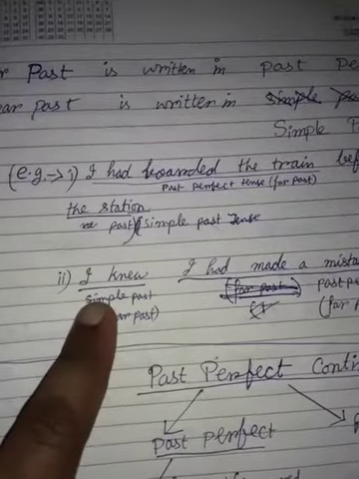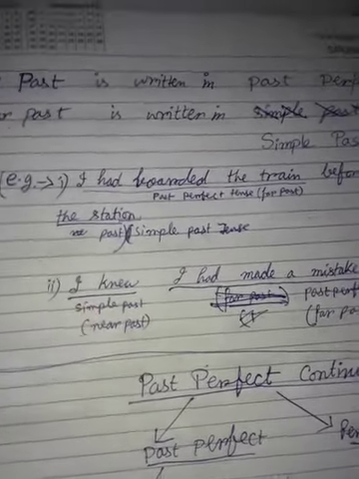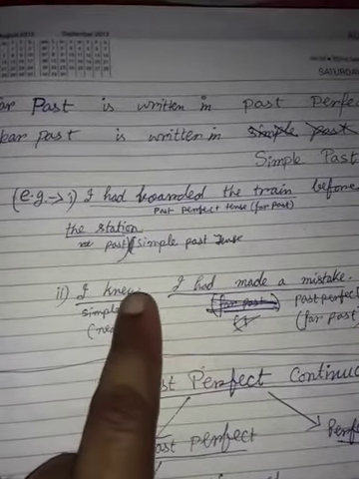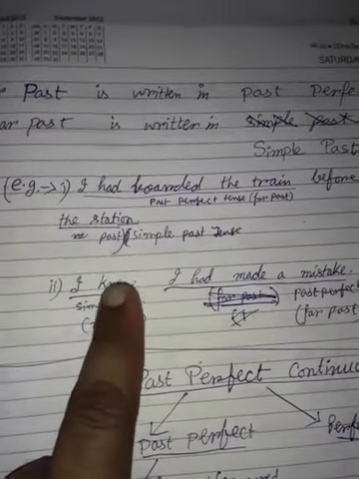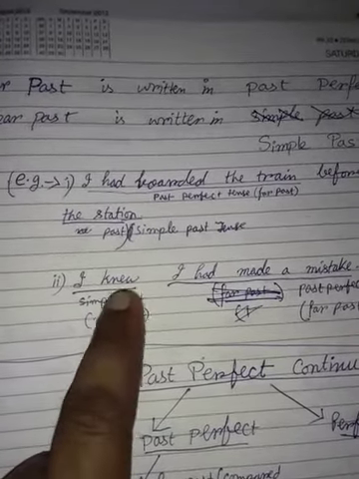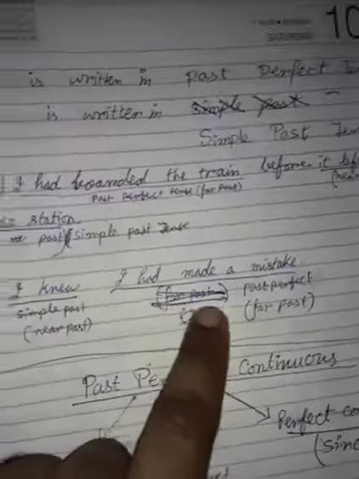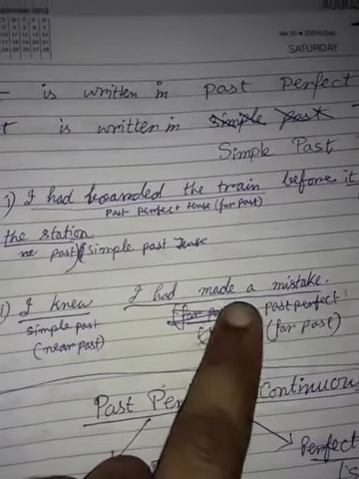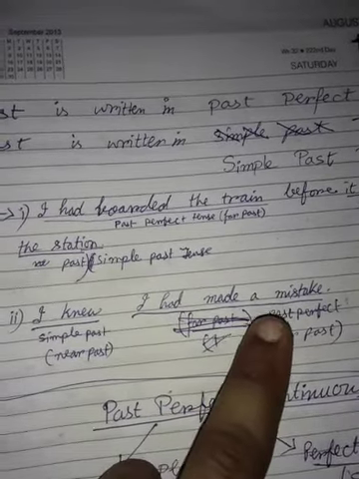I knew, or I realized it later. Both the events are happening in the past, but the fact that I knew or I realized it only happened later. So it is near past. That's why only simple past. But I had made a mistake, that had happened earlier.